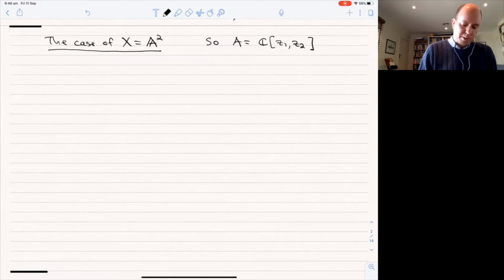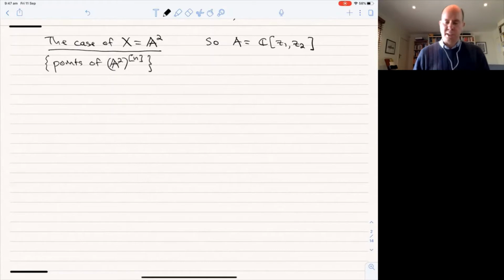So to sum up what we've seen so far, this Nth Hilbert scheme of A2, which we still haven't actually defined as a scheme or as a variety. All I've been talking about so far is its set of points.